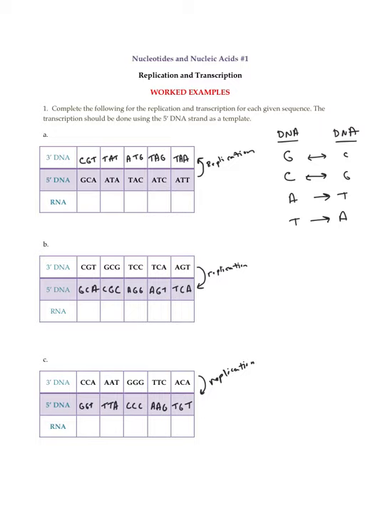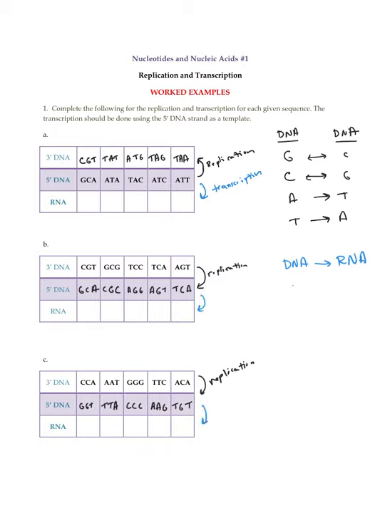The second step, where we are going from DNA to RNA, is referred to as transcription. And again, you can transcribe from either strand. We're only going to go from the 5' strand.